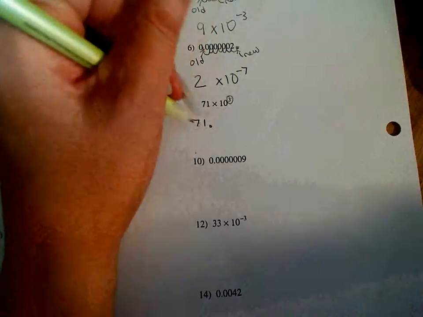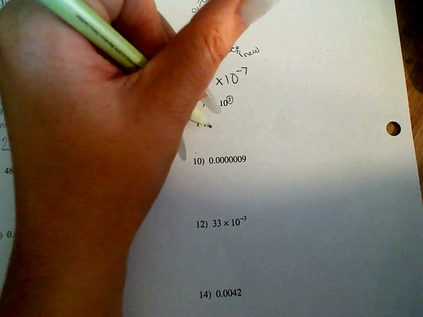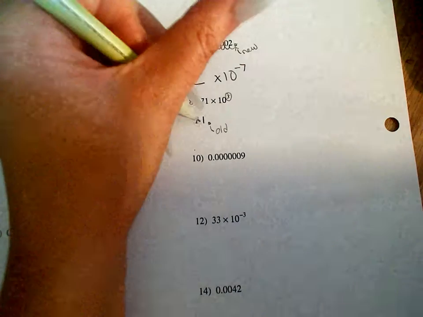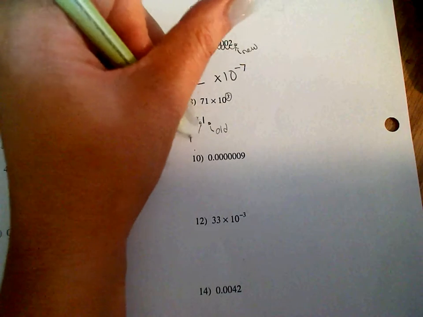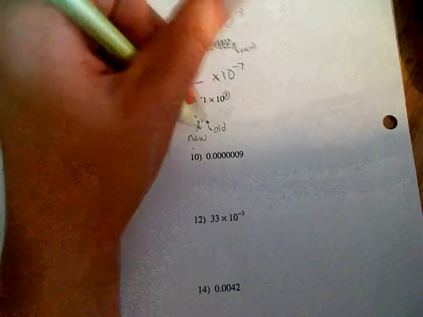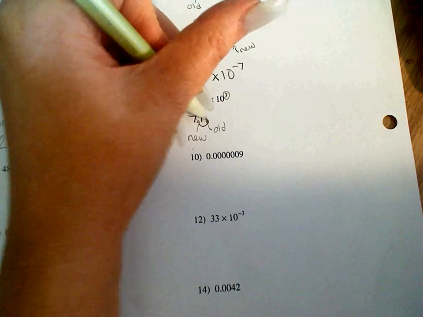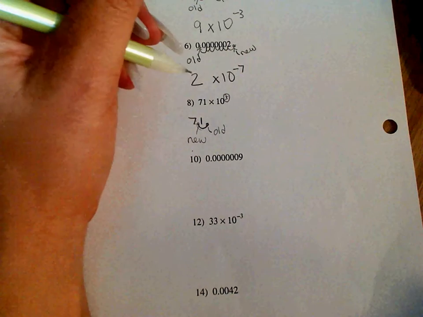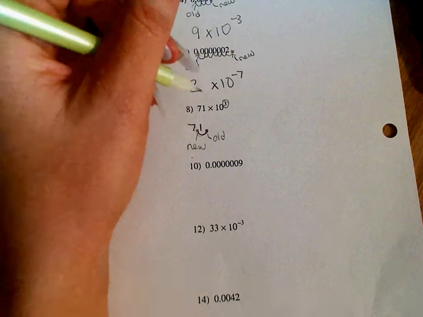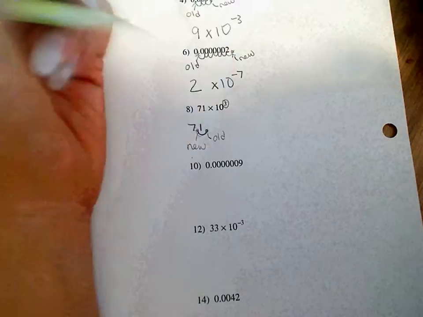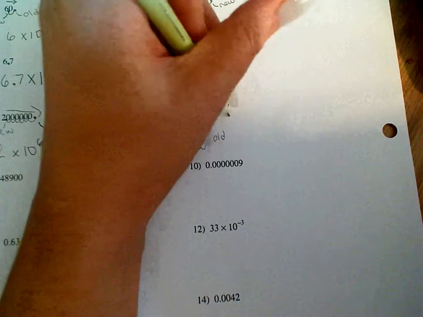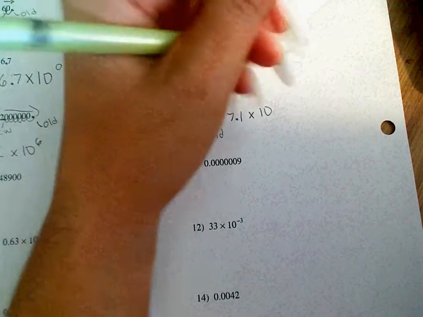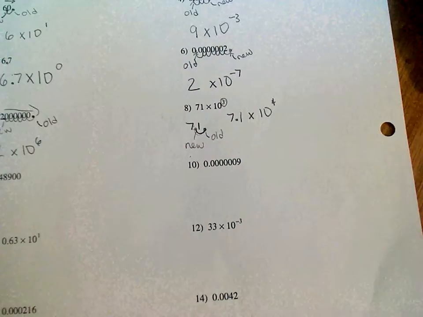So here's the old decimal, it really needs to be 7.1. That's where the new decimal should go. So we went right 1. So that means we're going to increase the exponent by 1. So 7.1 times 10 to the 4th power is what it should be.